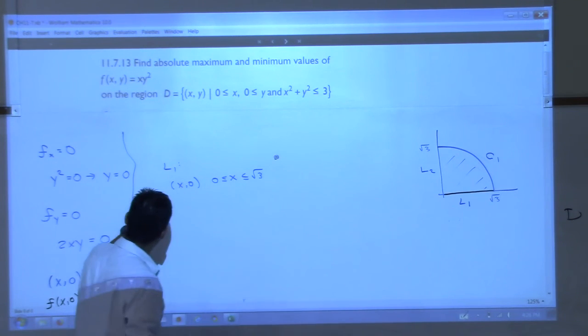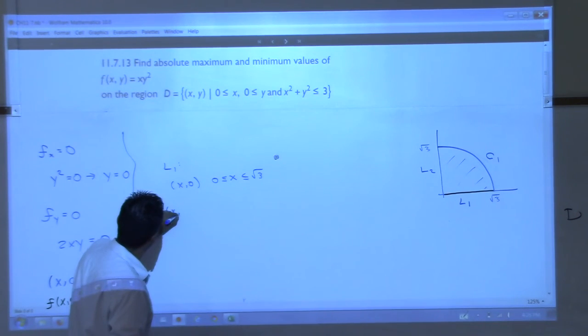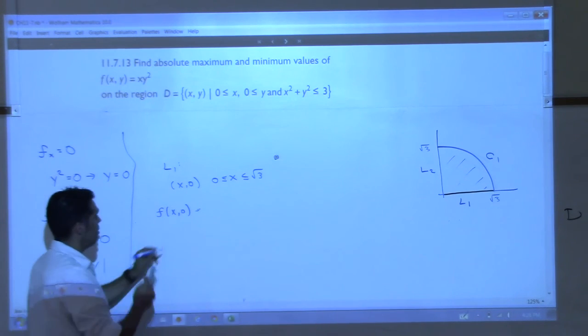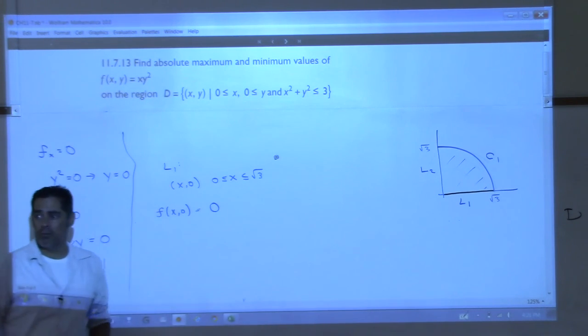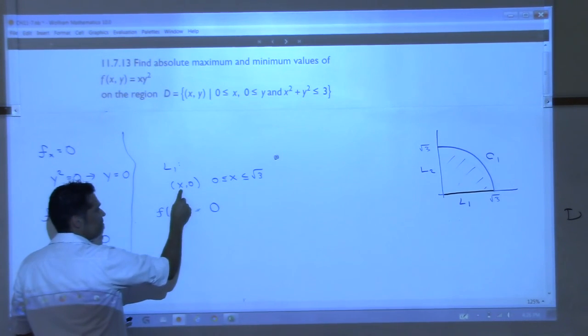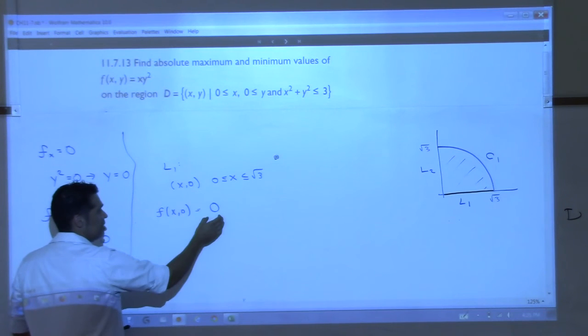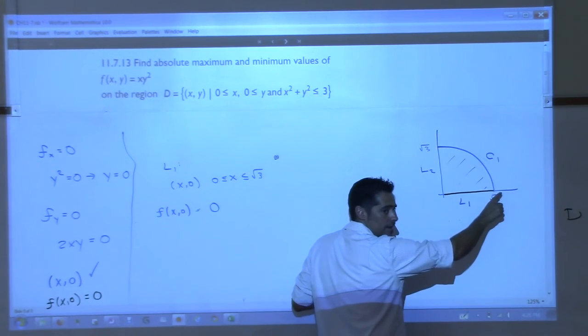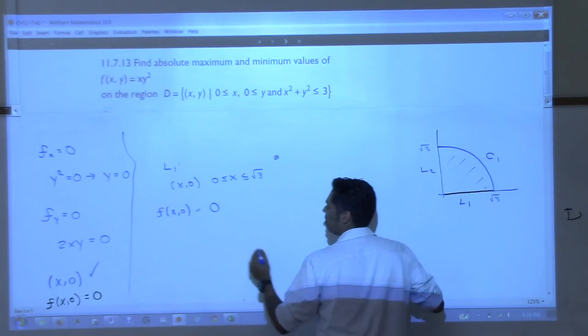Okay, what does our original function look like at any of these points? We already know, we already did this, right? Just 0. There's no more work to do. Regardless of what x is, the value of the function is 0. So along this edge, everything is 0. Beautiful. Great. Okay, let's do L2 now.